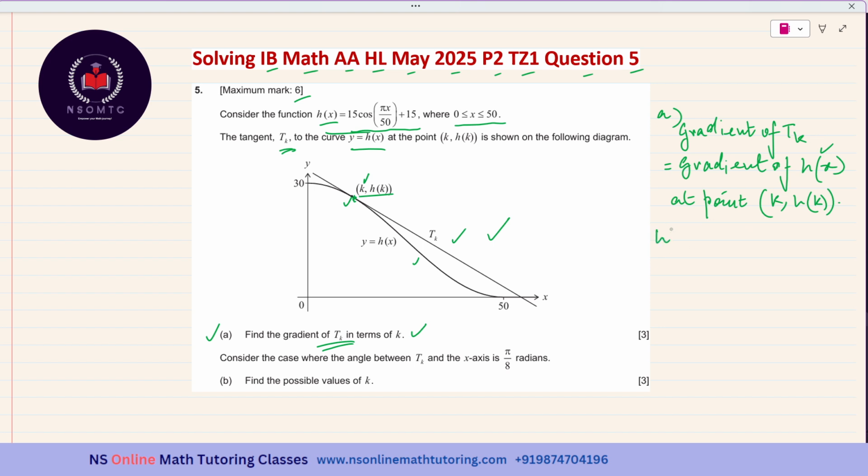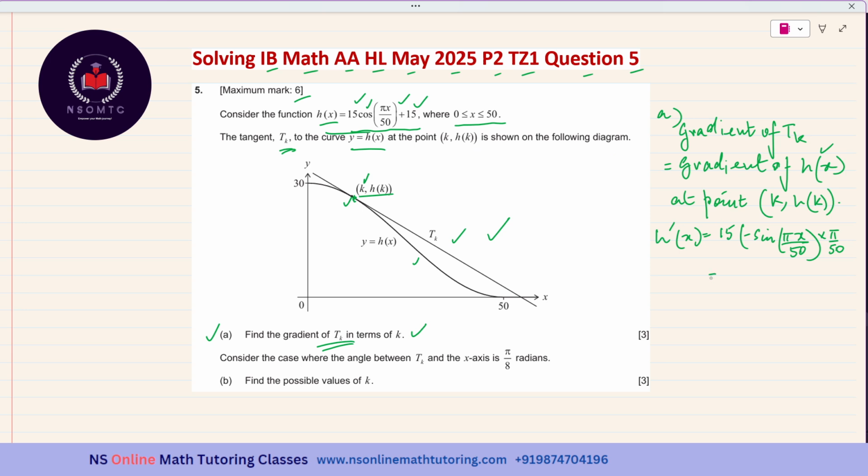So h prime of x will be equal to 15, the coefficient, which will be staying, and then the derivative of cos, it is a composite function, so the derivative of cos is a negative sign, so we will be writing negative sin of pi x over 50, and then finally we will be differentiating pi x over 50, so we will be getting pi over 50, and plus 15 is a constant, so its derivative will be equal to 0.